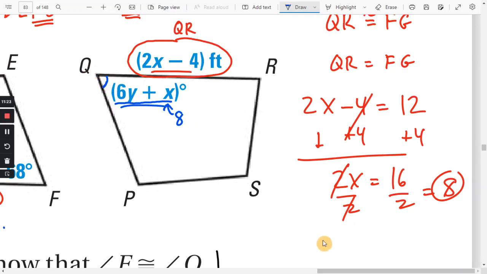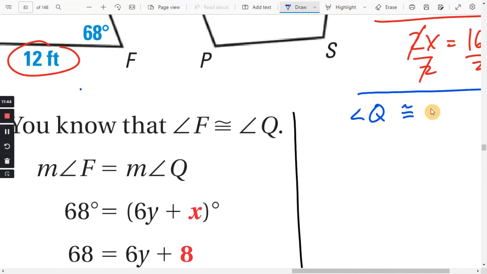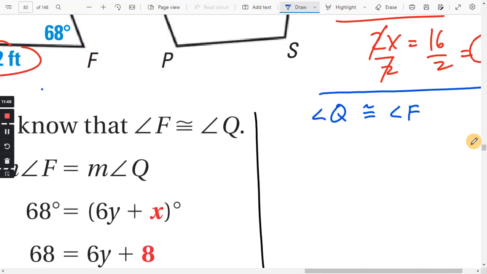That's angle Q. So we have angle Q, and we're going to find out what that is congruent to. If you look at the statement, angle Q is the third letter, so pick the third letter right here, angle F. So angle Q is congruent to angle F.